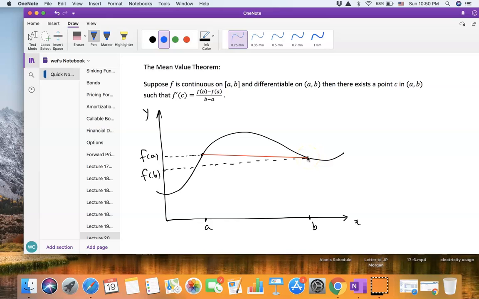Now let me tell you this. On this curve, I can find a point, and at that point, I will be able to draw a tangent line, and that tangent line is going to be parallel to this red line.